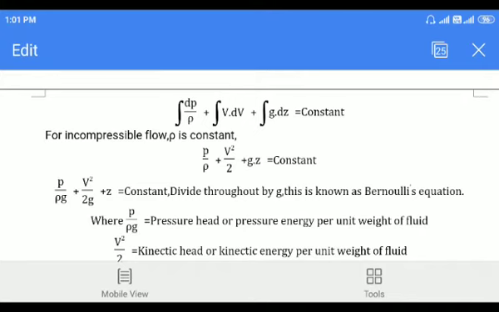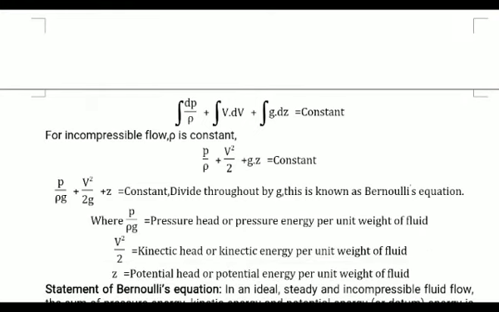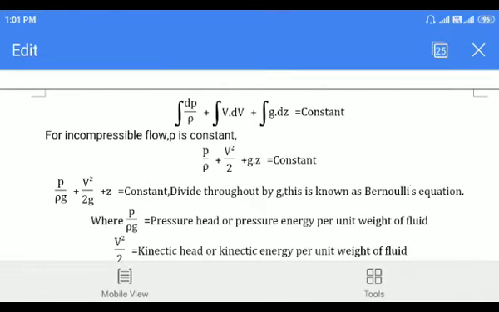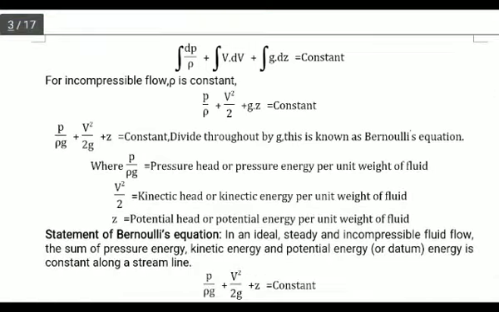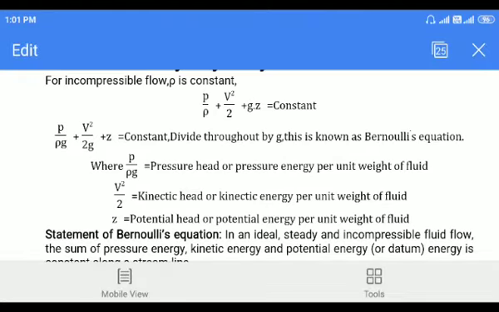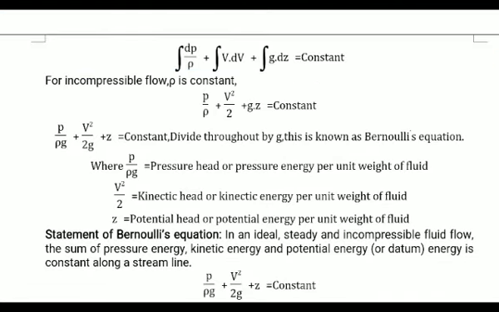Integration of v into dv is v square over 2, and integration of dz is z. Therefore I will get p over rho plus v square over 2 plus g into z equal to constant.